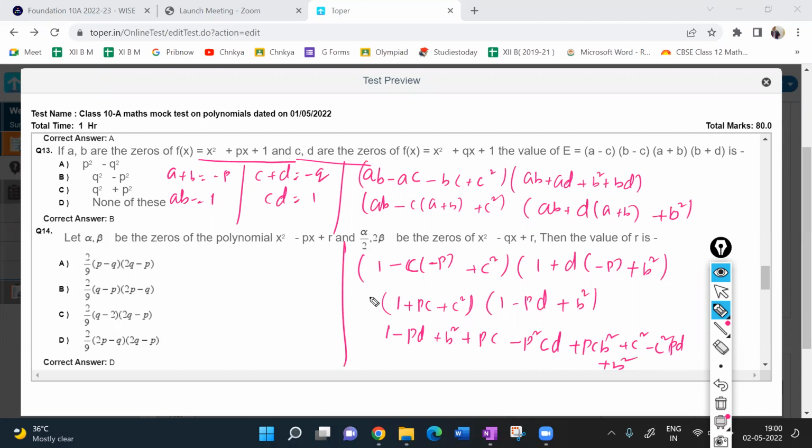Okay, let me write here. 1 minus PD plus B square plus PC common if I take, so 1 minus PD plus... Sir, plus B square, sir. Where did you get common, sir? PC. Yes, I'll tell you, one second. Let me just.